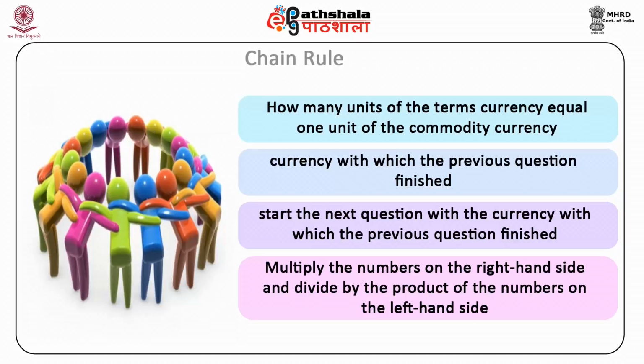Fourth, multiply the numbers on the right hand side and divide by the product of the numbers on the left hand side. Now, in our example 3, we can calculate the cross rate by using the chain rule.